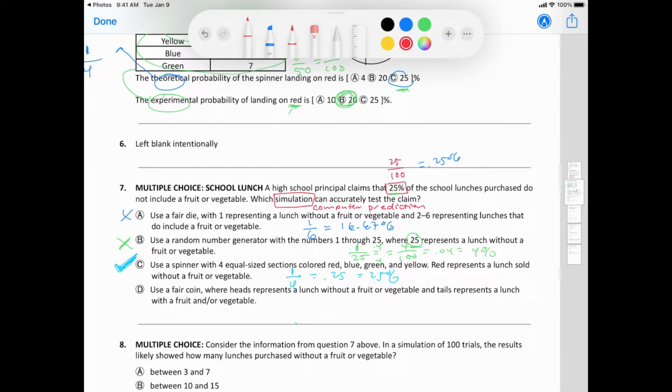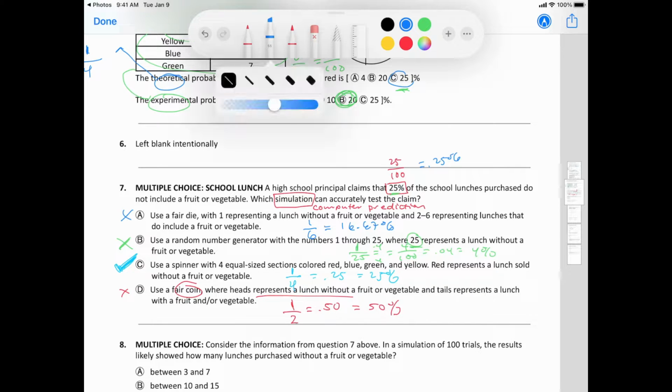And then the last one, use a fair coin. So a coin has how many sides? Where the heads represents a lunch without a fruit or vegetable, and tails represents a lunch with fruit or vegetables. So there's 2 choices out of the coin, and we're picking 1, so that would only be 0.50 or 50%. So not that one, so our answer is going to be B.